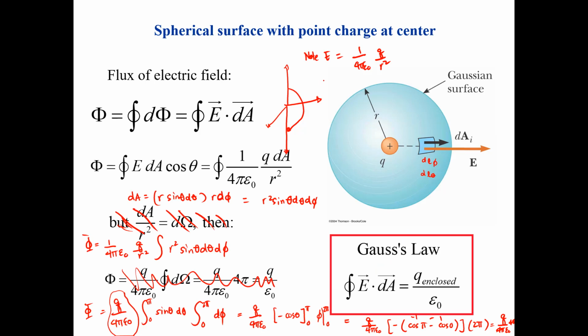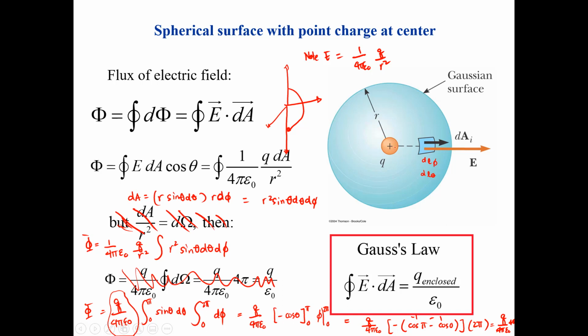Okay, so we have here a spherical surface with a point charge at the center. You have a positive Q charge at the center, and then you have a spherical surface. Take note that anywhere on the surface, the distance from the center is of course equal to the radius r.